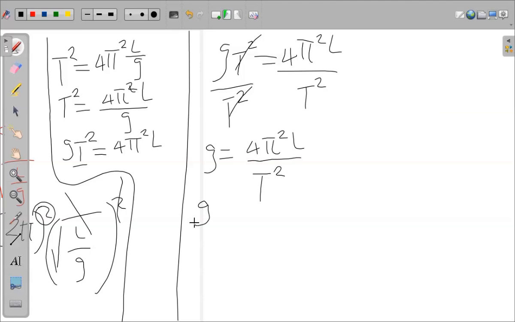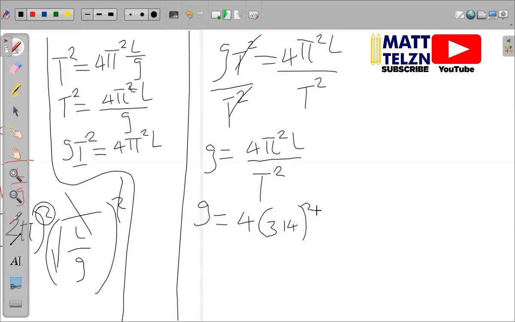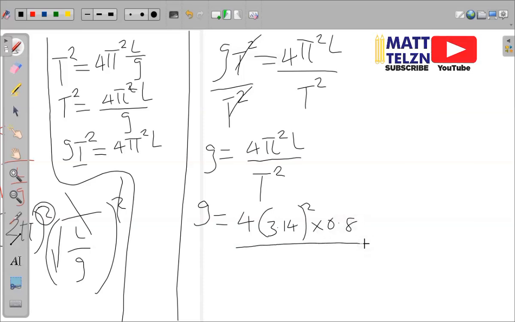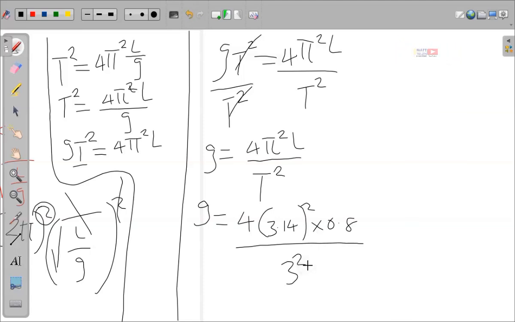So my g now is equal to 4 times open bracket, my pi is given as 3.14, squared, times my L, which is 0.8, divided by our period, which is 3 squared. So let's now simplify what we have there.